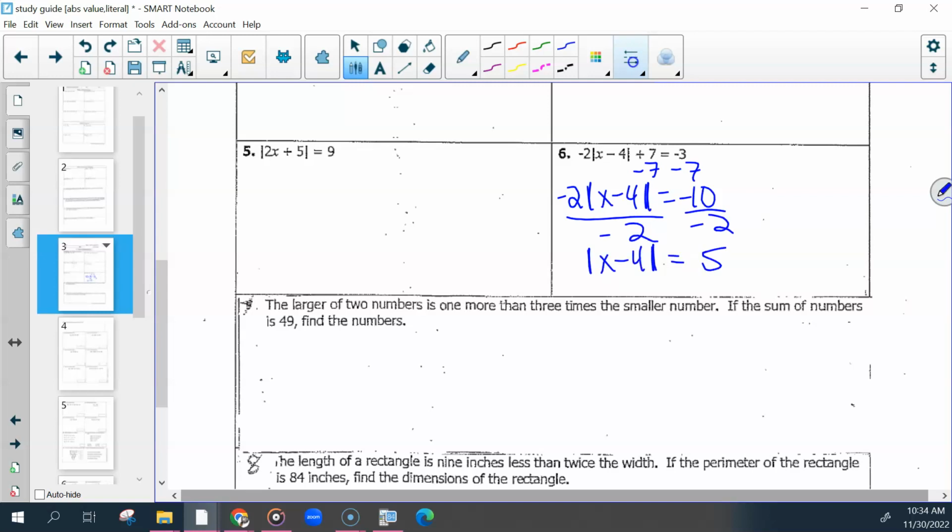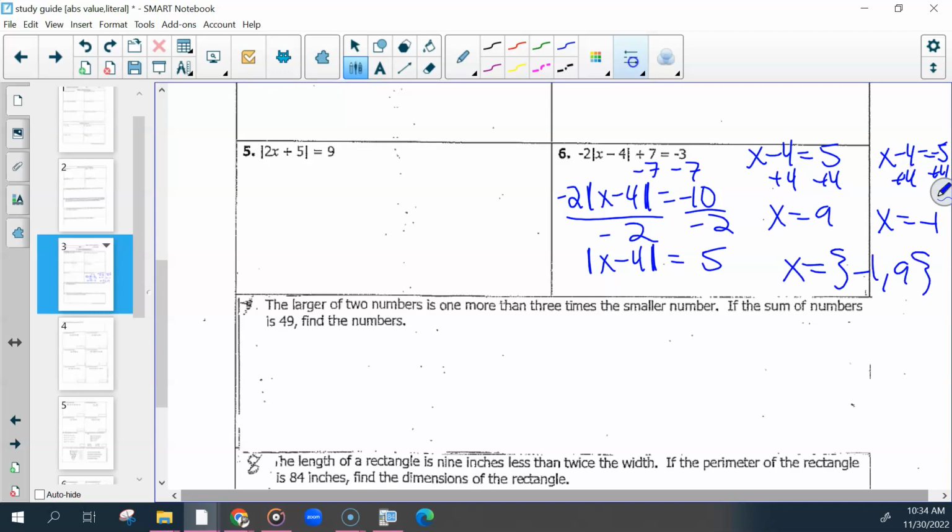This becomes a positive, and because it is positive, we can keep solving. So drop your absolute value signs. Set it equal to a positive and negative version. This is -5, okay? And then solve both. We have x equals 9 and x equals -1. And then write that as a solution set. Least to greatest.